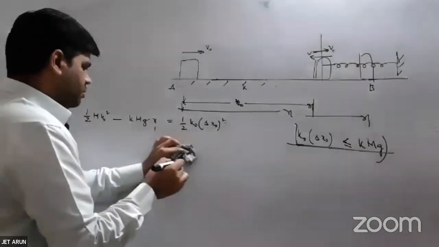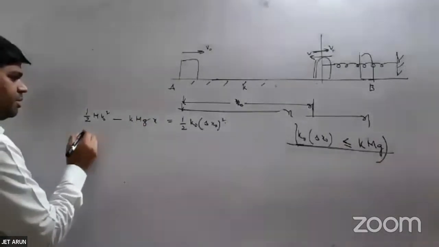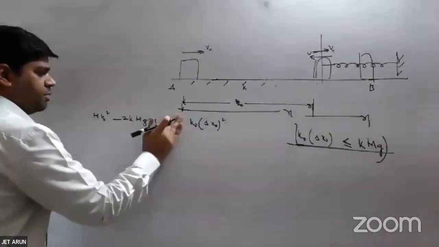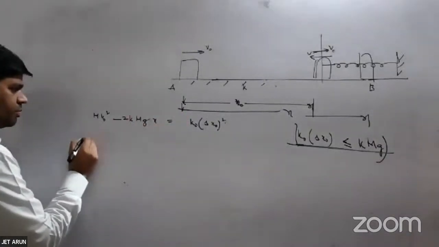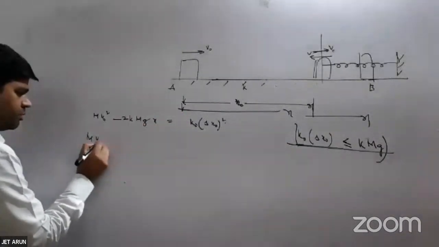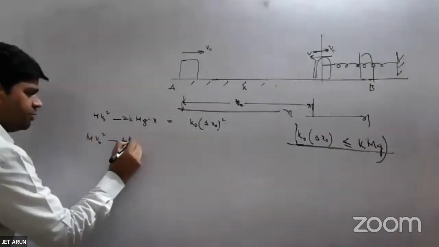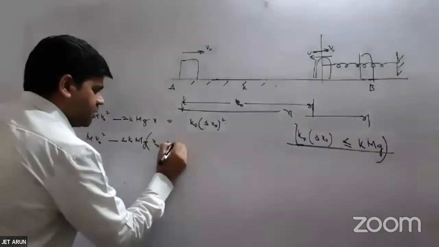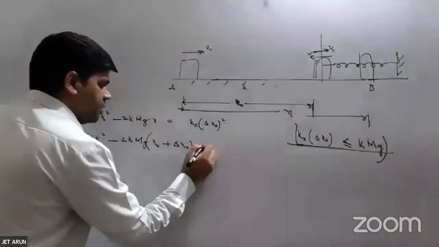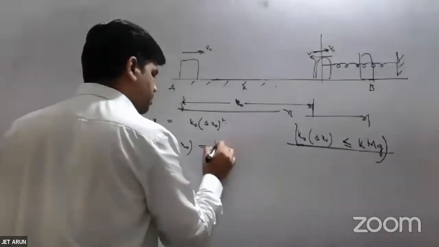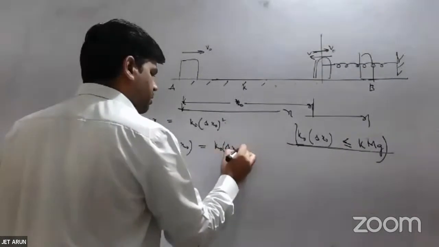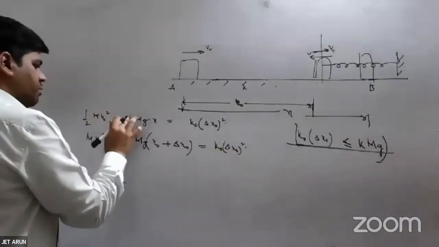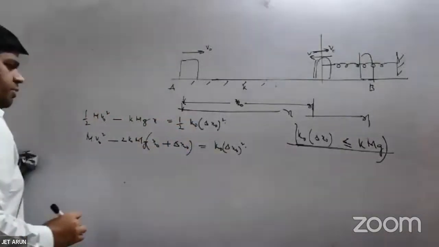So I'll write, half goes off here, this becomes 2. m v square minus 2 mu g into x naught plus delta x naught equals k naught delta x naught square. Or this is half, this is half.